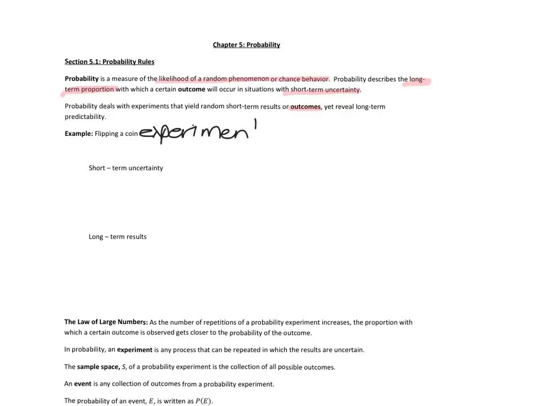And what are the outcomes in this case? What are those short-term uncertainties? Well, if we flip a coin, we could get heads or tails. And we don't know which one we're going to get when we flip our coin. We don't know if we're going to get heads or tails, but we can talk about the probability of getting heads and the probability of getting tails. It's half, right? Because there's only two.